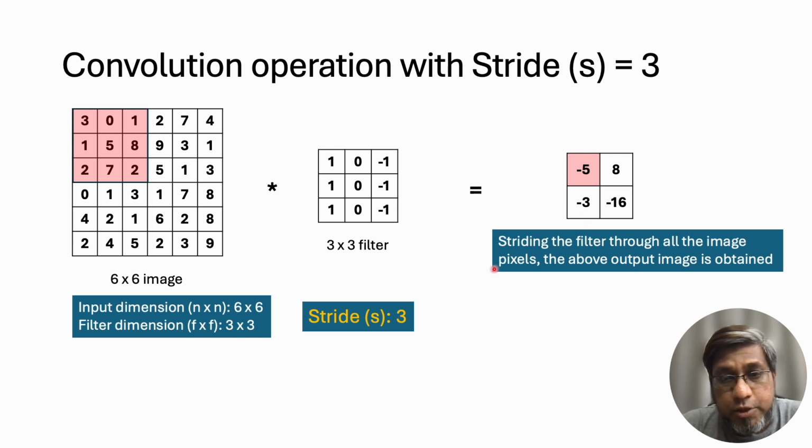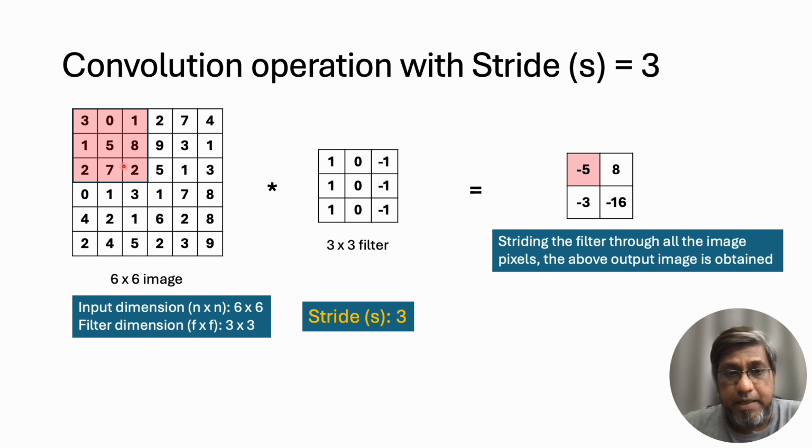So this is the output value that we get for the first output pixel. We start with the window of the input pixels, multiply them element by element with the filter values and add those products, and of course it is the same as in the previous case. We get -5.